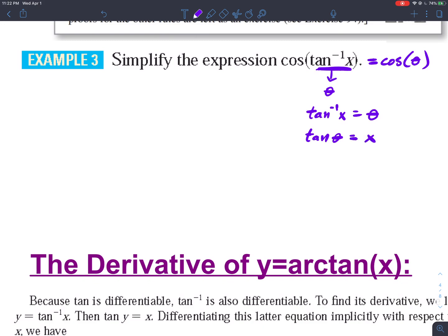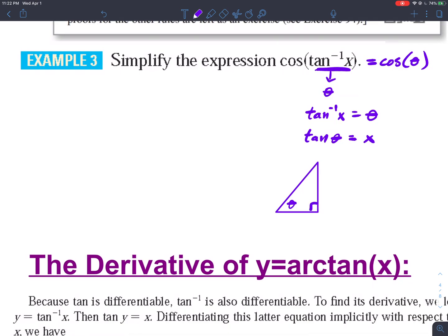And if tan theta equals x, then on a right triangle, if I choose theta to be some angle, the opposite side must be x, the adjacent side must be 1, because tangent is opposite over adjacent. Which leaves me with the hypotenuse must be square root of x squared plus 1, or you could say square root of 1 plus x squared.